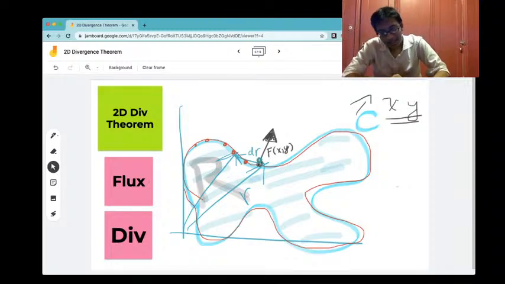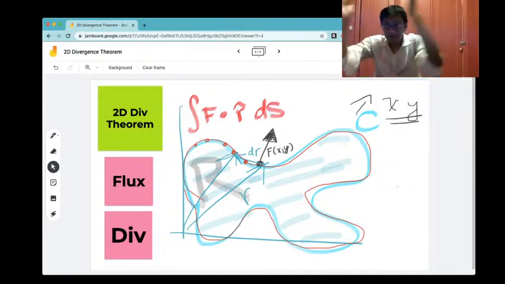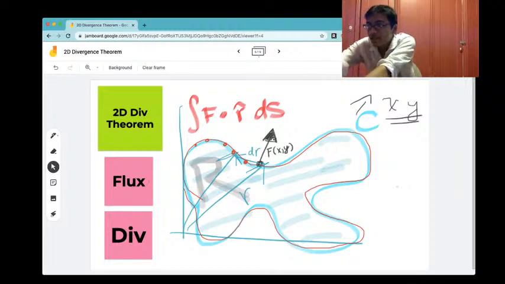At the end of it, you get something much like the integral of F dot r hat ds, and that is essentially the line integral.